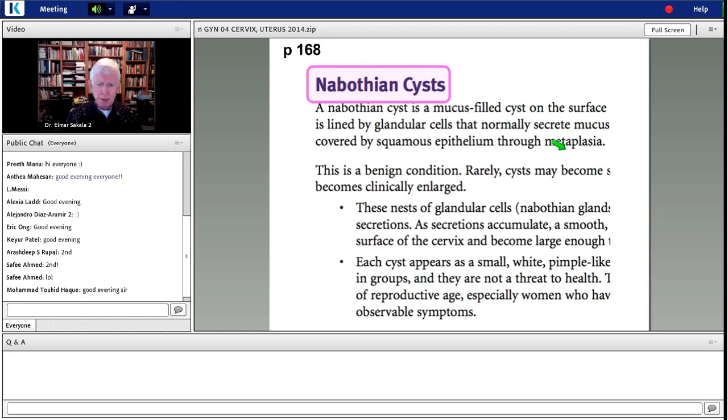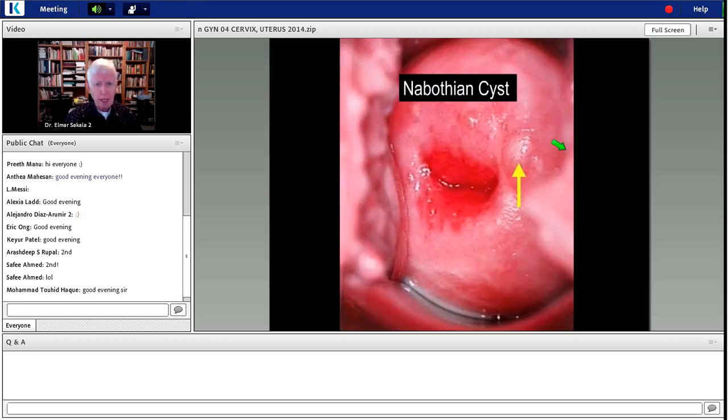Normal metaplasia completely removes the underlying columnar epithelium and replaces it entirely with stratified squamous. In this case, there's stratified squamous on the top, but there is still mucus-producing columnar epithelium underneath. And what will happen is the mucus which is being produced cannot get out because it is covered by the stratified squamous epithelium, and so it bulges out.